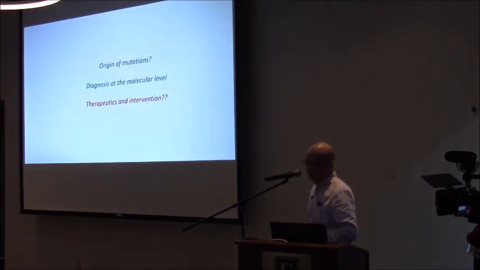At last, a few slides, just more general. I mentioned the origin of mutation. Those results provide molecular diagnosis, then relate to therapeutics and innovation. I guess it's more like a reproductive decision.